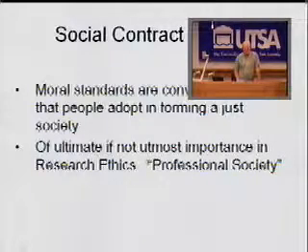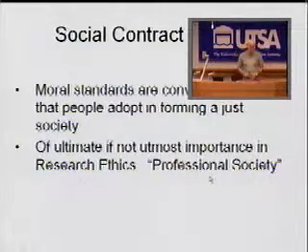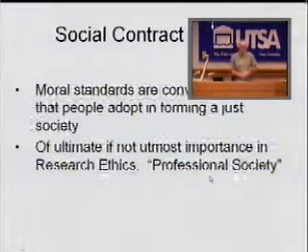Of ultimate, if not utmost importance in research ethics is the professional society. So you are going to the professional society sites, for example, looking for a code of ethics.